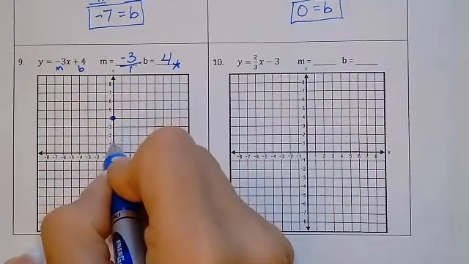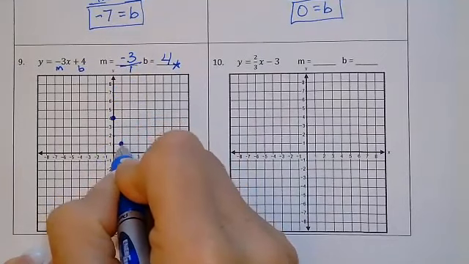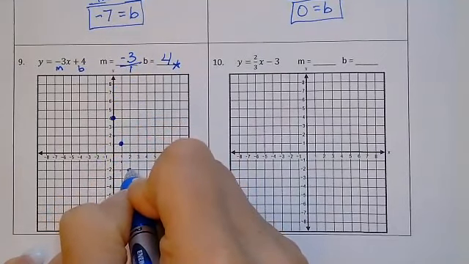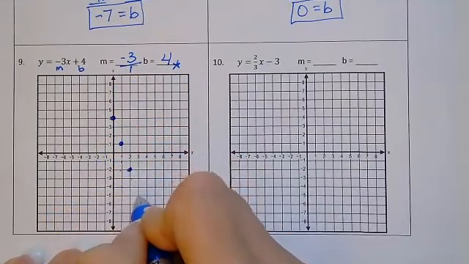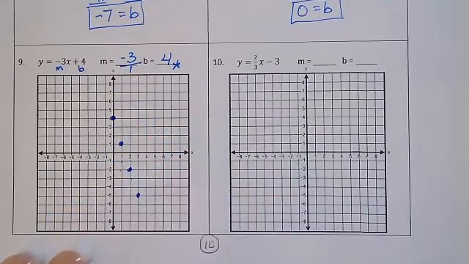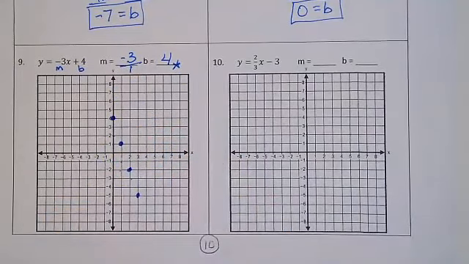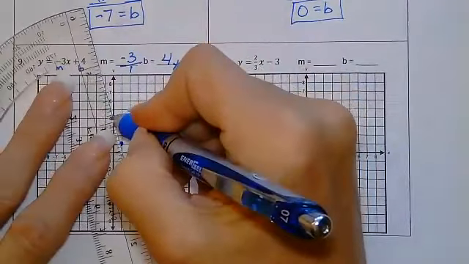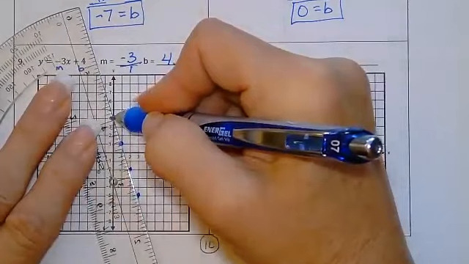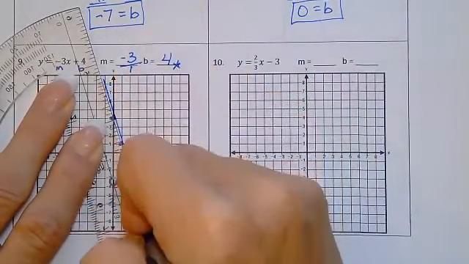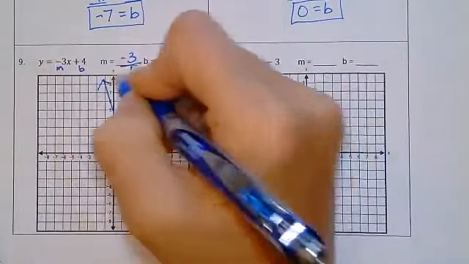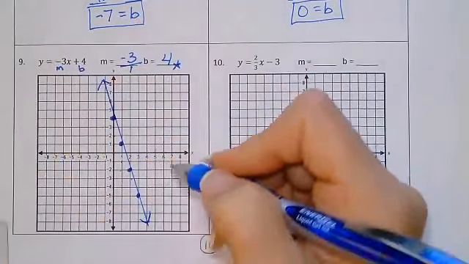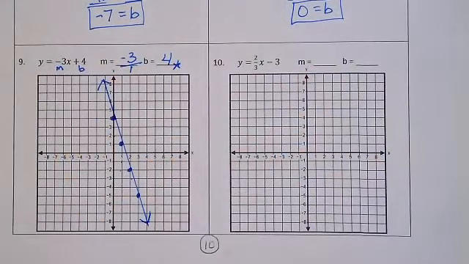So down 3, right 1, down 3, right 1, down 3, right 1. All right, I have enough points now to create my graph. Again, making it go all the way across my coordinate plane.